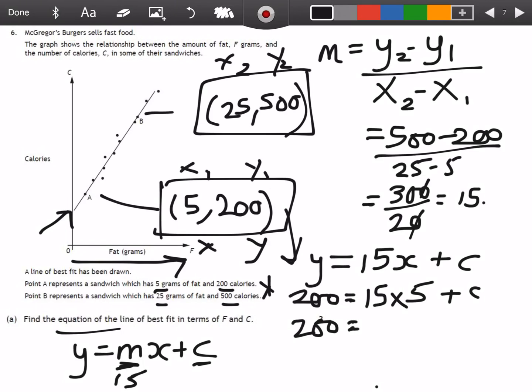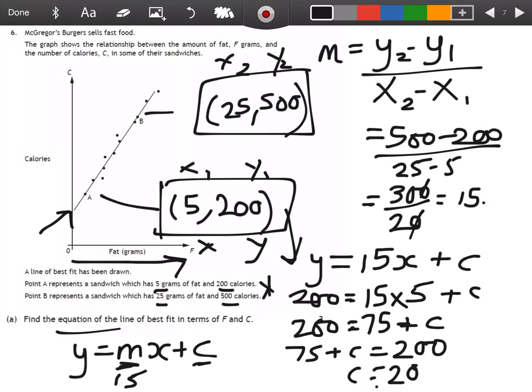It's non-calculator, but the numbers are pretty straightforward. Do a wee multiplication sum if you can't do 15 times 5 in your head. 15 times 5 is 75. 75 plus c is 200. C is obviously 200 take away 75. So c is 125.